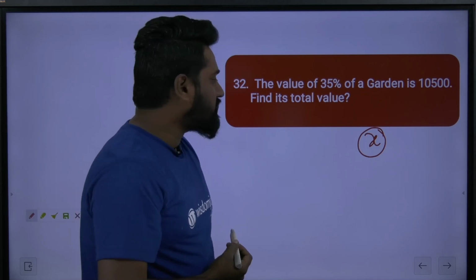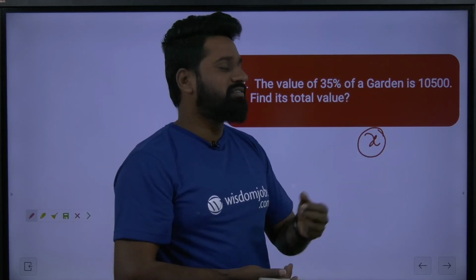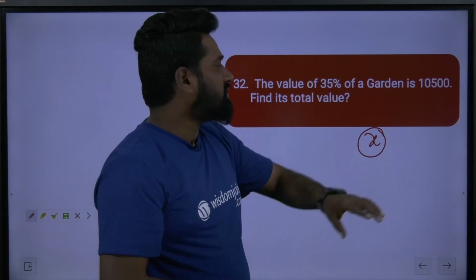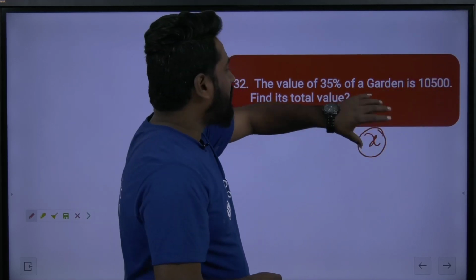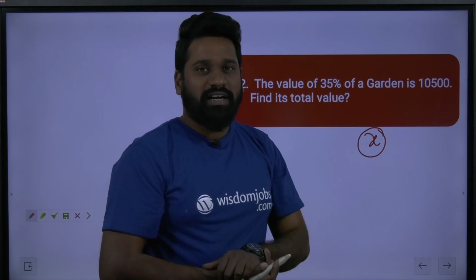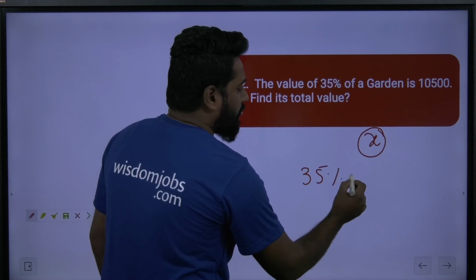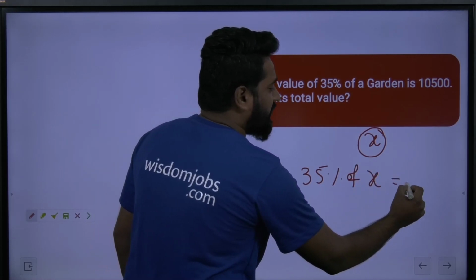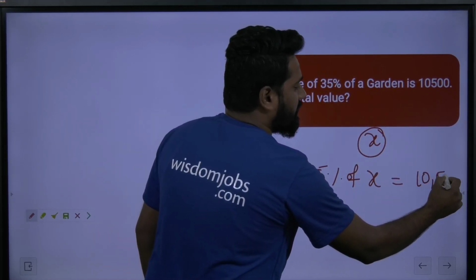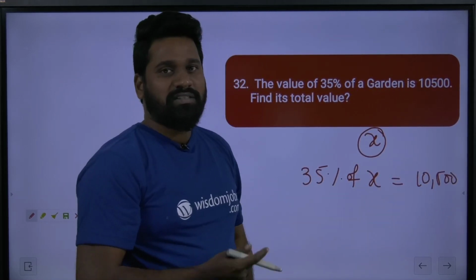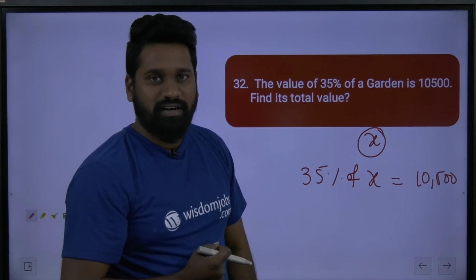Now we are discussing the 35% of this x, which is given as 10,500. This is not the entire value of the garden, it is only 35% of the garden. So 35% of this x is given as 10,500. Now we have to find this x value, that indicates the total area of the garden.